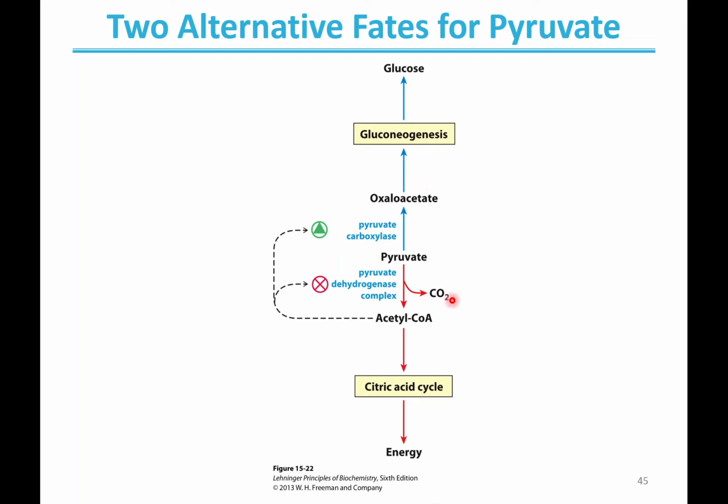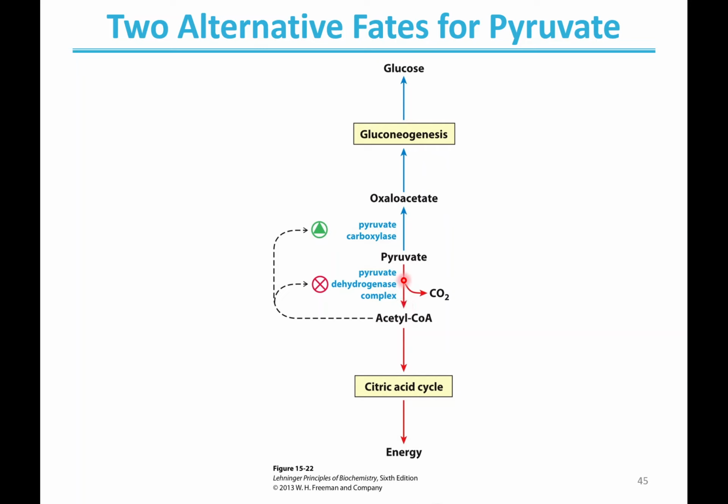Okay, so this figure just shows the alternative fates of pyruvate. Okay, you go through the pyruvate dehydrogenase complex, which makes acetyl-CoA, and we'll talk about this direction, the fate of pyruvate on this side, in chapter 16 after the exam.